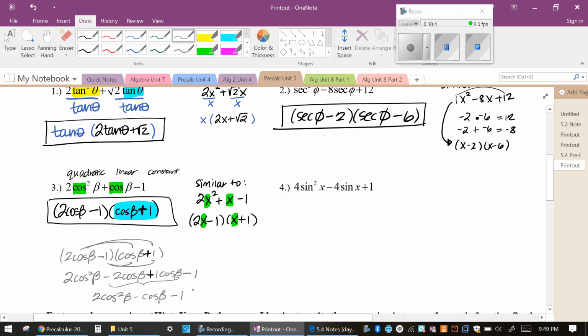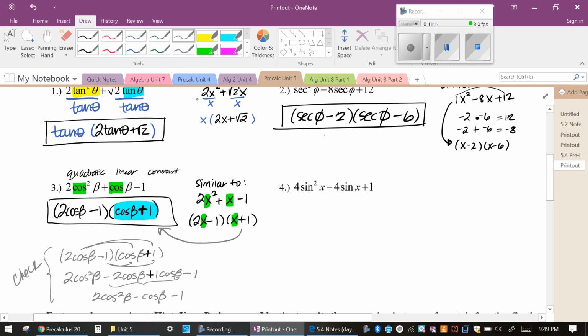That's why I really like factoring quadratic trinomials, because once you factor it, you should be able to check and see if it worked. So I had a plus 1 on the right side, but I put minus 1 by accident, and when I multiplied it, I realized I did something wrong. Feel free to do that anytime. Okay, next one is also a quadratic trinomial.